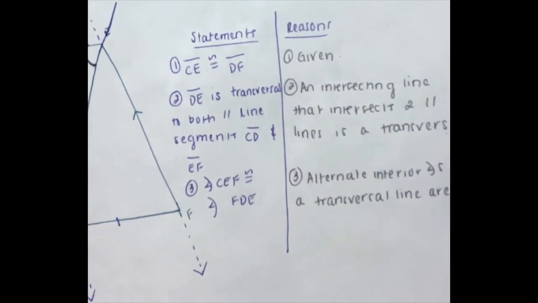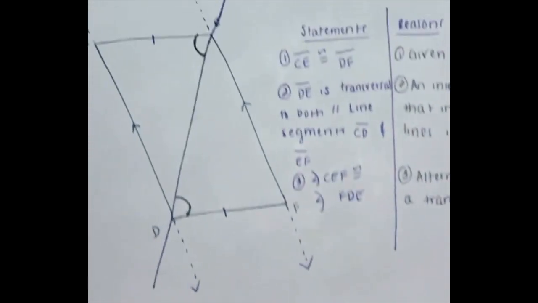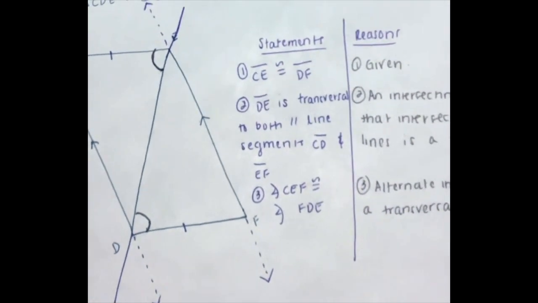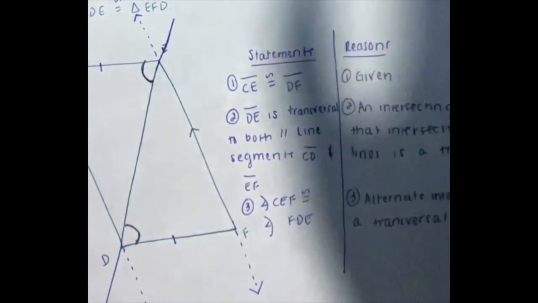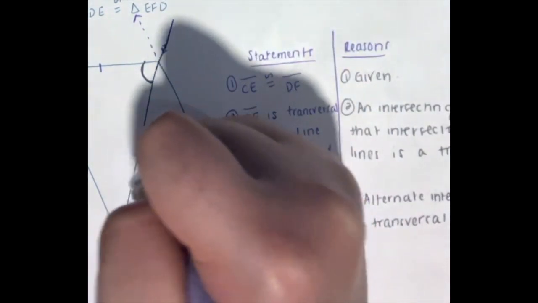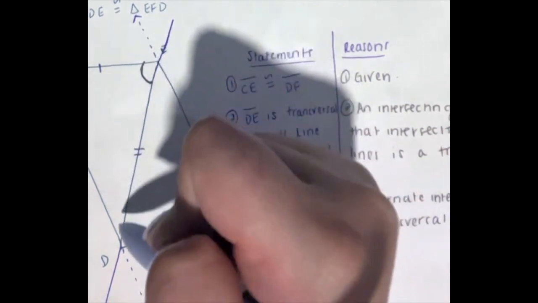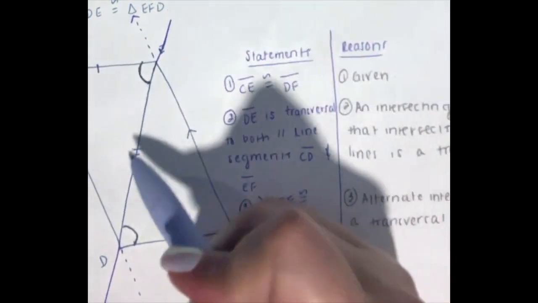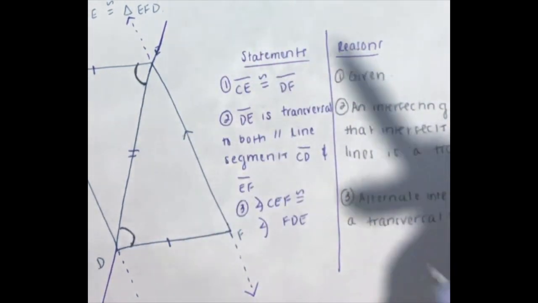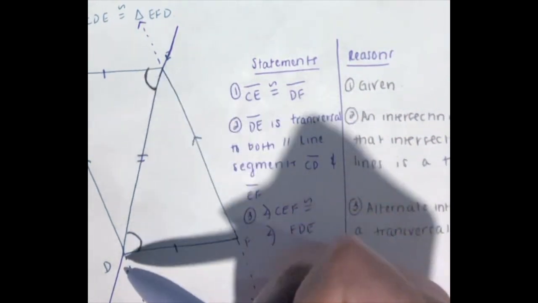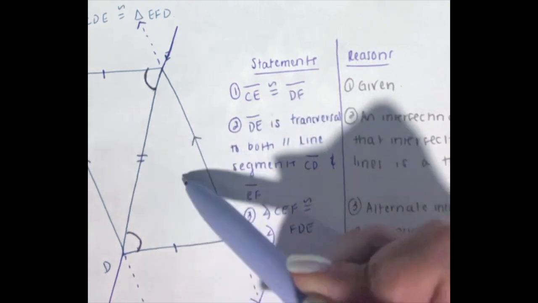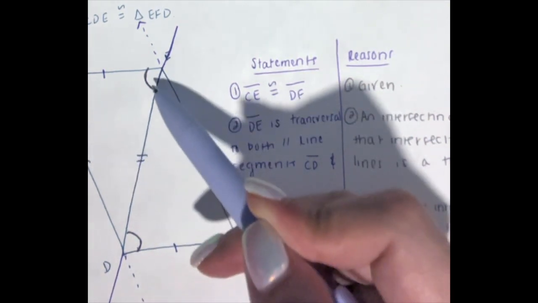So we need one more piece of information in order to prove why triangle CDE is congruent to triangle EFD. If you look right here, you can see that this line segment belongs to this triangle and this line segment belongs to this triangle. So it's the same line segment, which means it has the same distance for both this triangle and this triangle. Therefore, it's congruent.